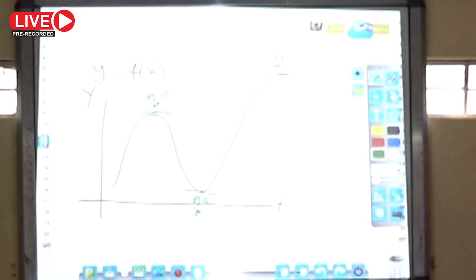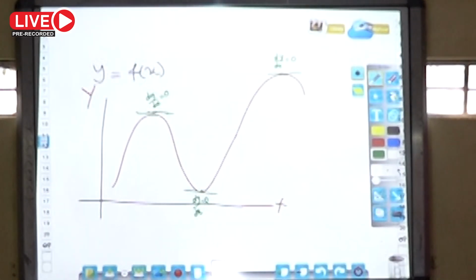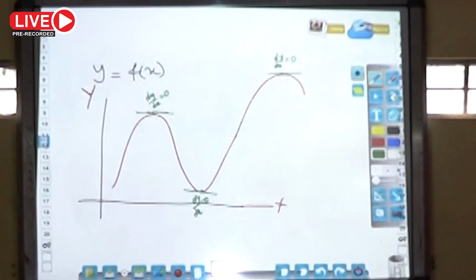But if the function is very complicated and we cannot draw the graph, then we cannot say at which point the tangents are horizontal. Then without drawing the graph we have to adopt some other procedure.